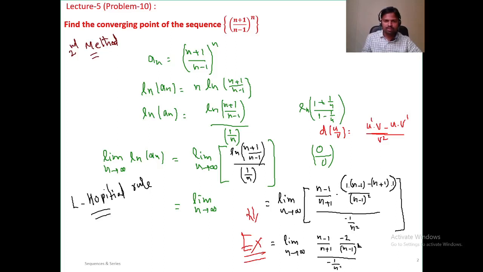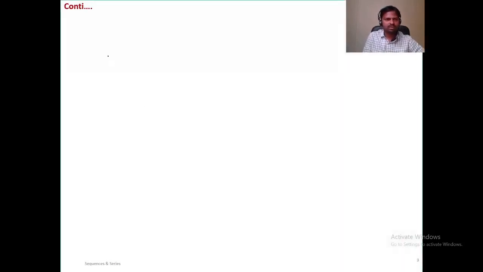What is left? Does anything get common or cancel? One n minus 1 will cancel out, so one n minus 1 will remain, and minus minus cancel, so 1 by n square becomes n square by 1. So 2n square by n plus 1 into n minus 1, that means n square minus 1. So limit n tends to infinity, 2n square divided by n square minus 1.